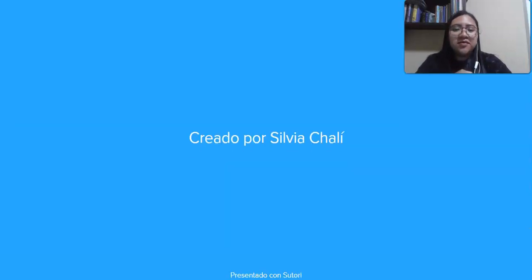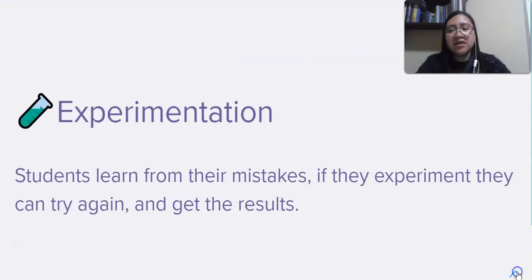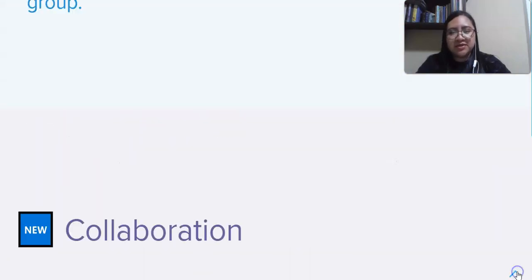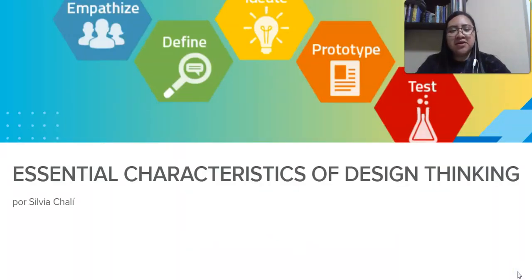Okay, so here we learn about the characteristics of design thinking, and you are going to see by yourself when you apply this method in your classrooms, in your activities. So I motivate you to try this method.